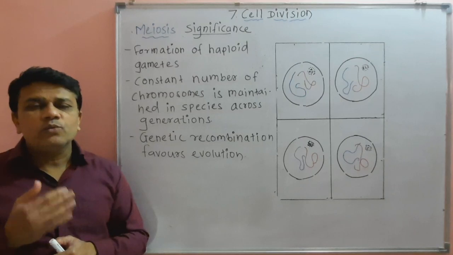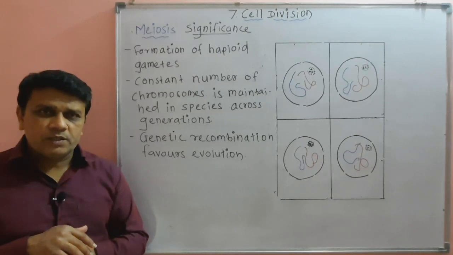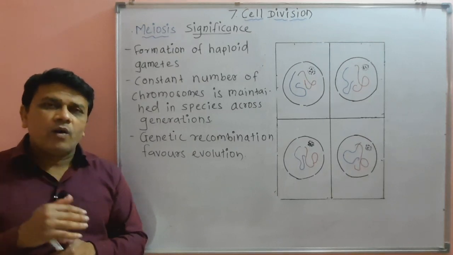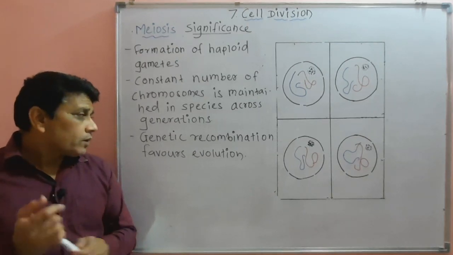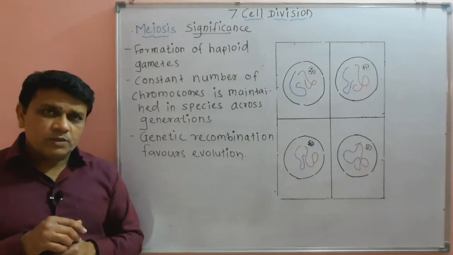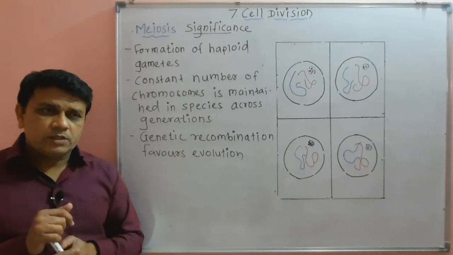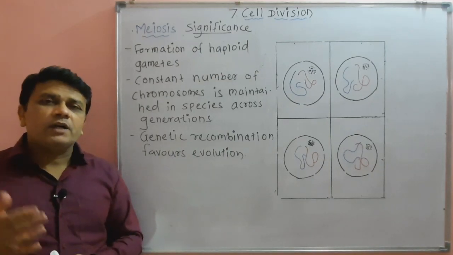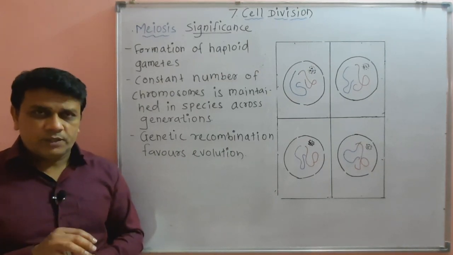You know that evolution is a process in which gradual changes occur in living organisms. So the crossing over between the chromosomes in meiosis helps in genetic recombination, which in turn favors evolution.